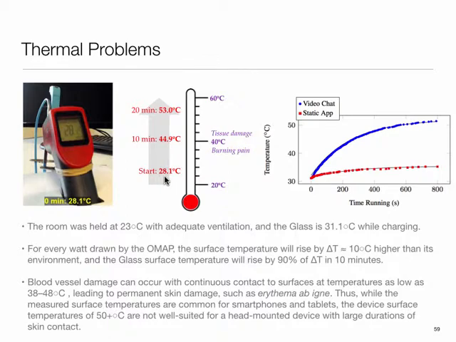After 10 minutes of operation, it reaches 45 degrees. After 20 minutes of operation, it reaches more than 50 degrees Celsius. Okay, and tissue damage starts happening at around 40 degrees. So another thing is, don't wear Google Glass for long durations while doing heavy duty stuff. I mean, it's sitting against your skin and the temperature is going up.